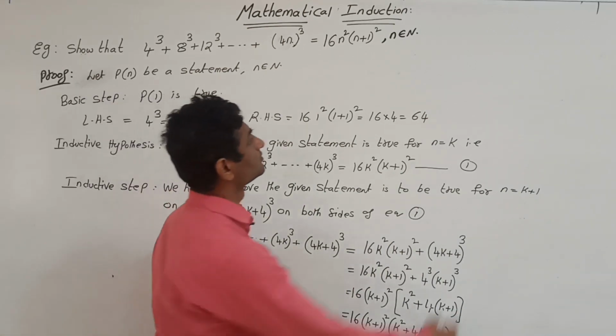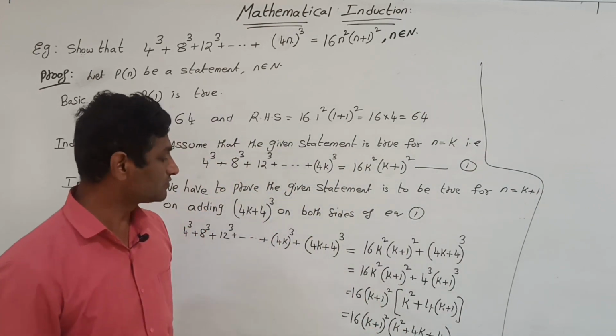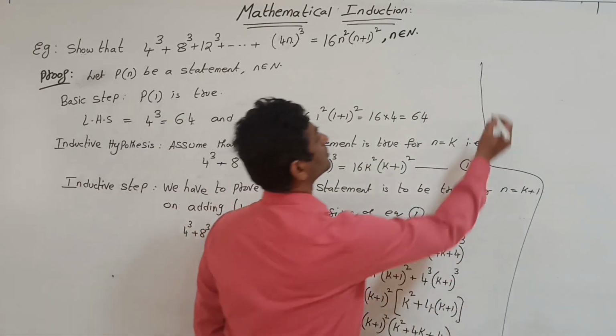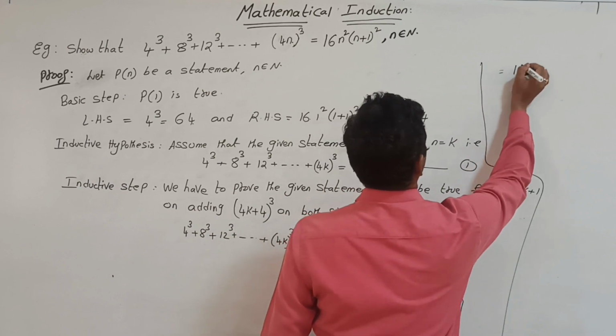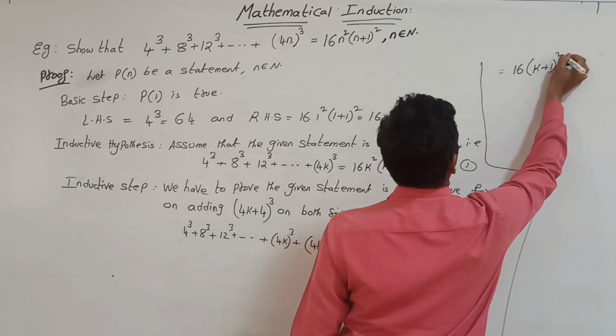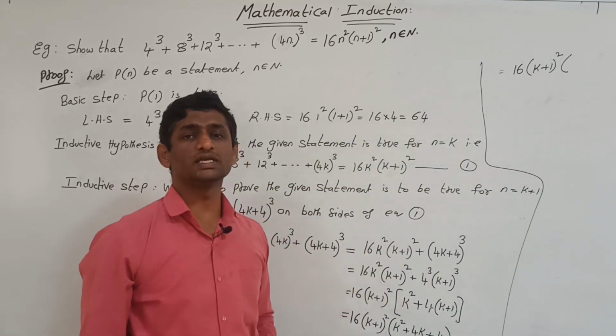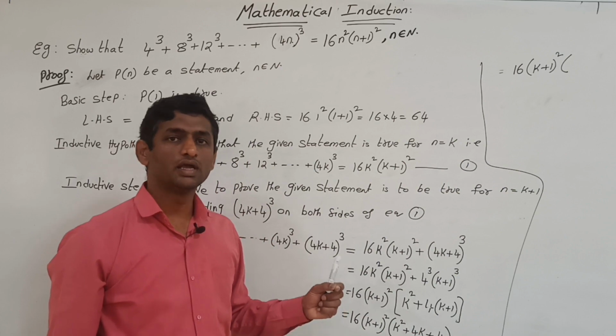So we will see this. 16 times k plus 1 whole square into k square plus 4k plus 4, which is a quadratic expression.